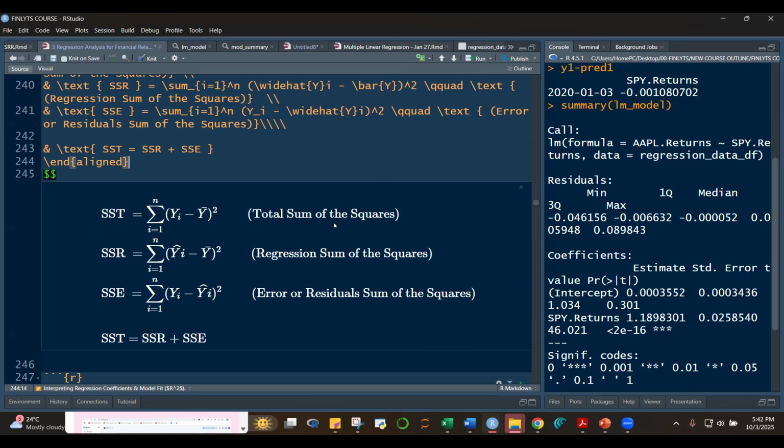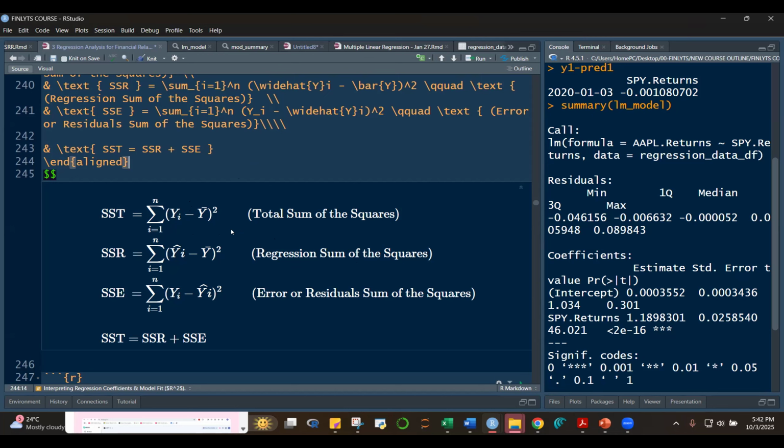Let's take a look at the first one. Ito class, y sub i minus y hat. So what does that mean? We're comparing the actual value and the mean. Ito class, ang sinasabi nito, wag natin gamitin si SPY returns. Gamitin na lang natin yung average ni Apple returns. So this is your base class.